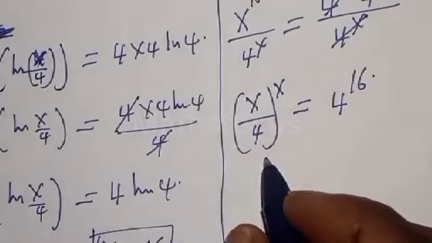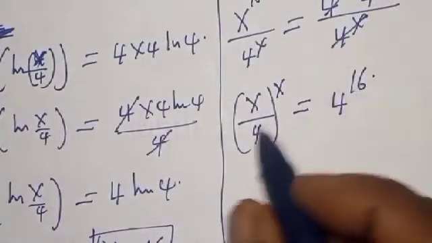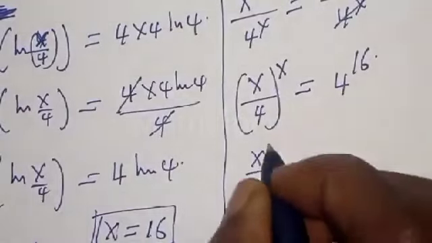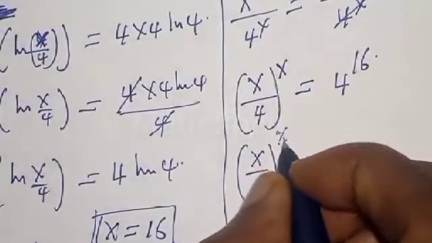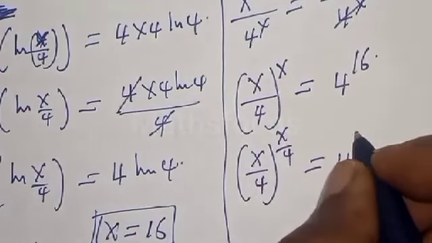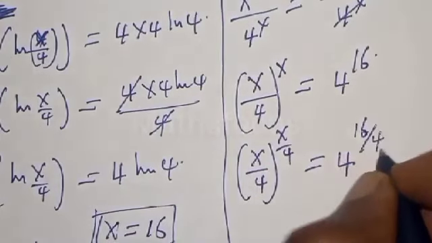Let's divide the exponents of both sides by 4. Now we have x over 4 raised to the power x over 4 is equal to 4 raised to the power 16 over 4.